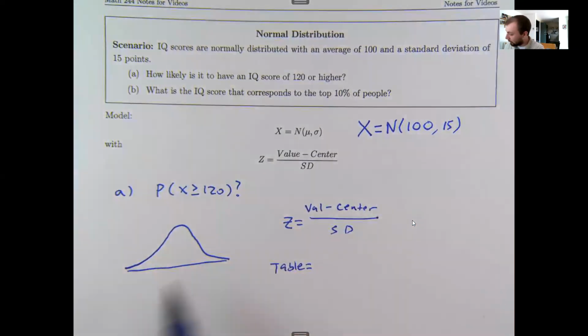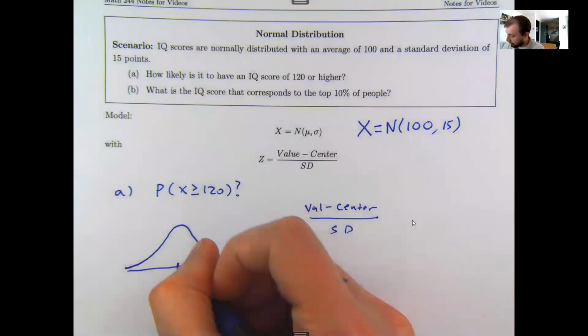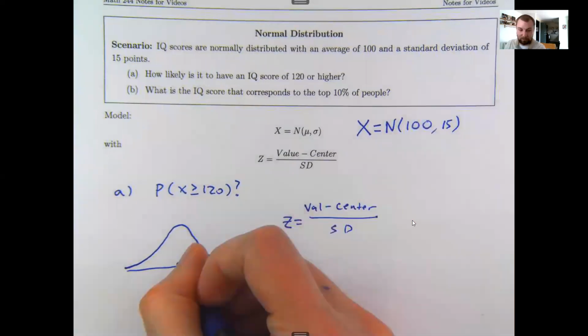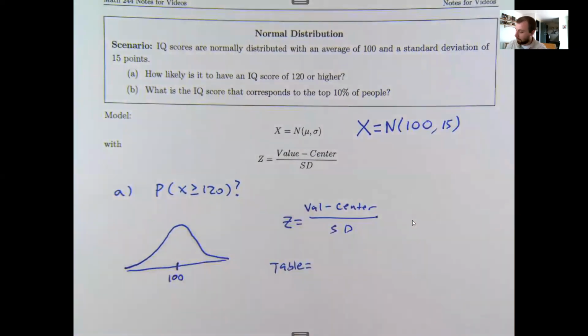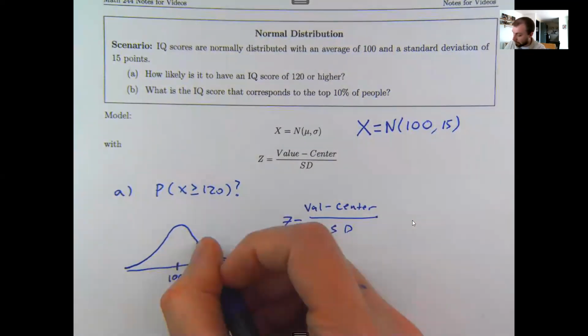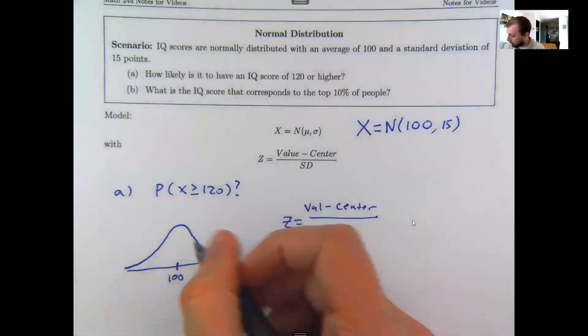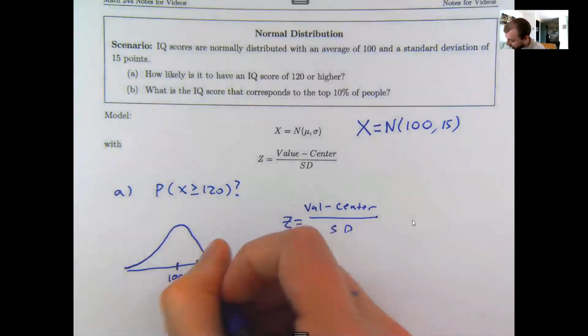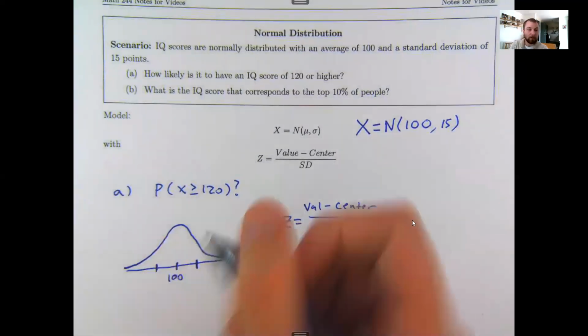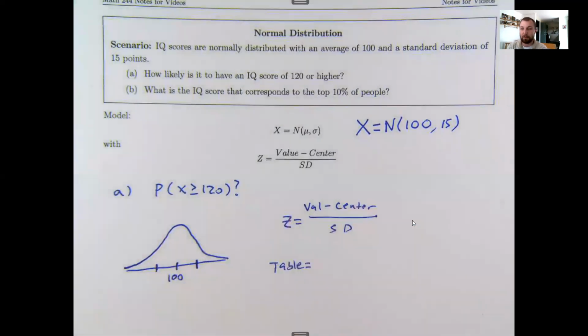Drawing my curve out here, the middle is my average. So in this case, I'm putting 100 down there. About halfway on the downswing, technical term is at the inflection point where it changes from concave down to concave up. But halfway on the downswing is 1 tick mark away, and that's what you're counting by for the standard deviation.